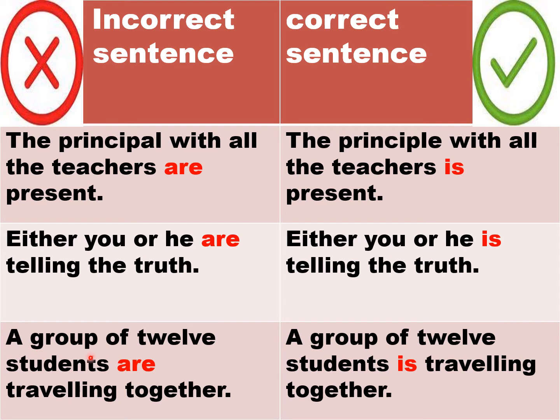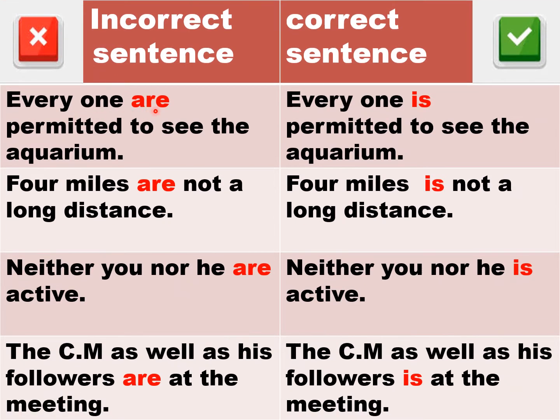Next one, a group of 12 students are traveling together. A group of 12 students indicates singular, so we must use a singular verb. A group of 12 students is traveling together. Everyone are permitted to see the aquarium.